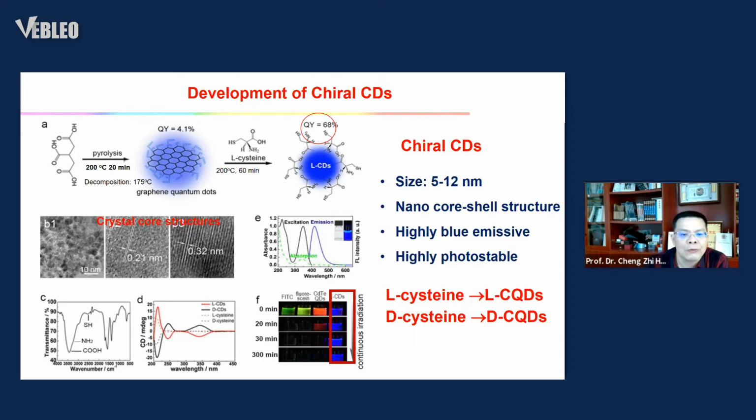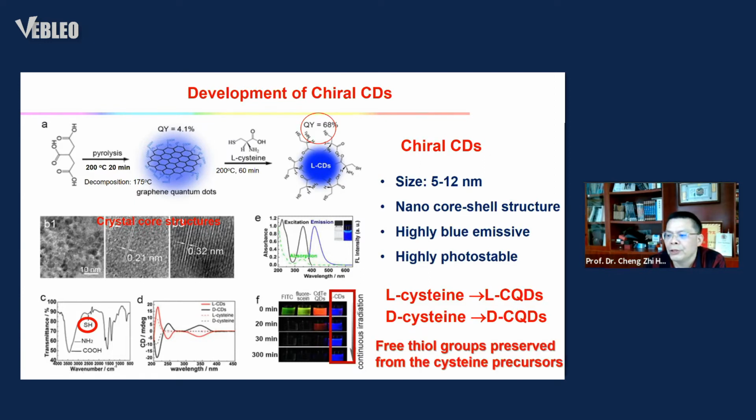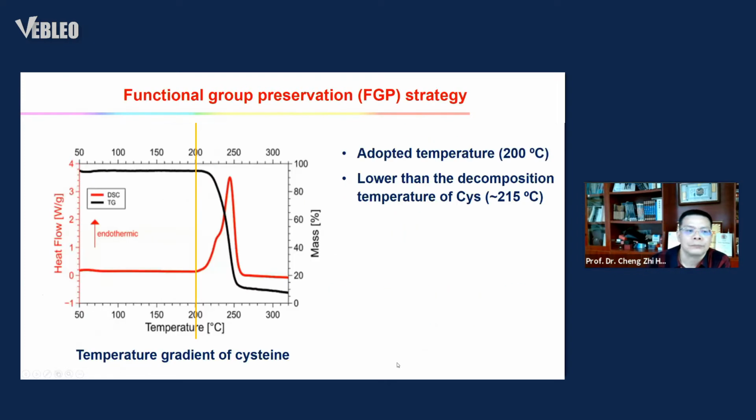IR spectrum showed that as-prepared carbon dots have thiol groups, which obviously come from the cysteine residues. Interestingly, if we use D-type cysteine as a precursor, D-type carbon dots could also be obtained, suggesting that the free thiol group is preserved from these precursors.